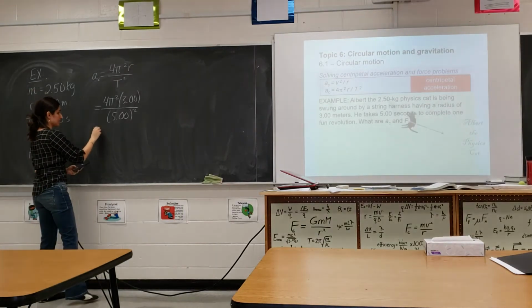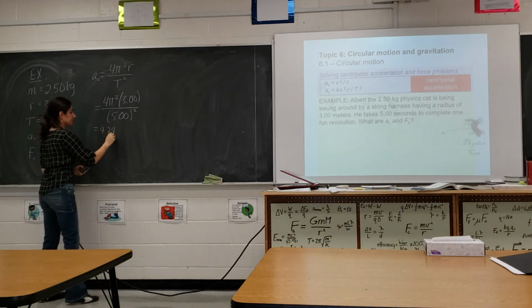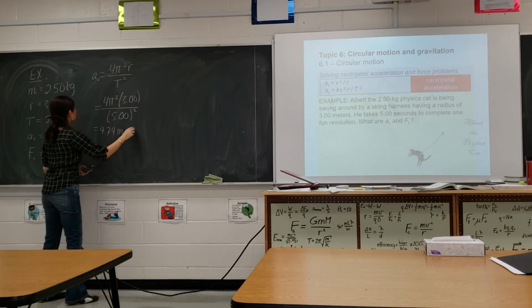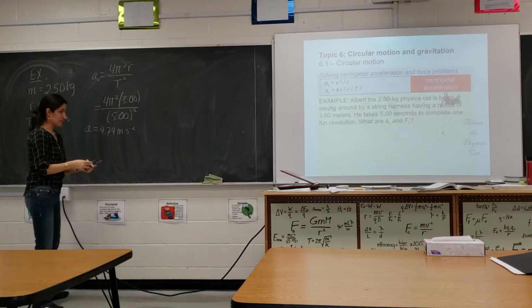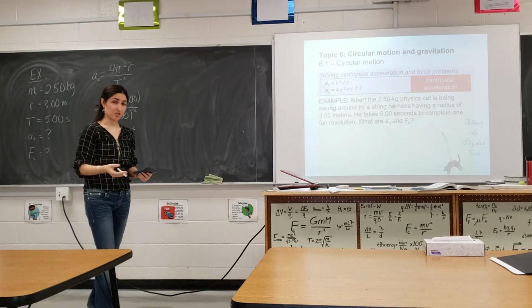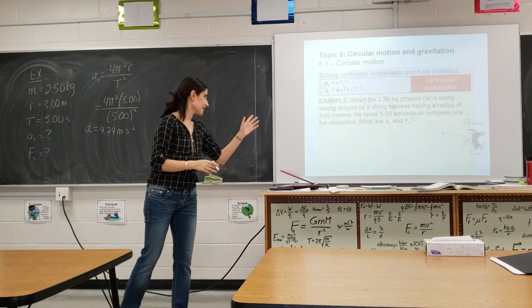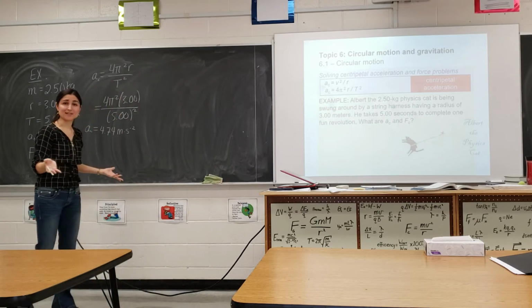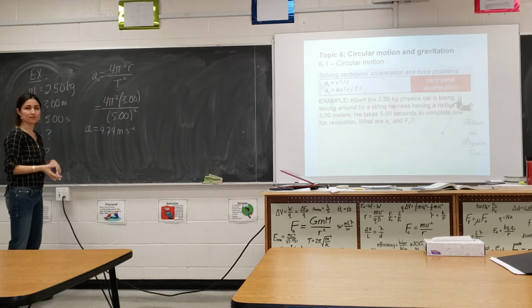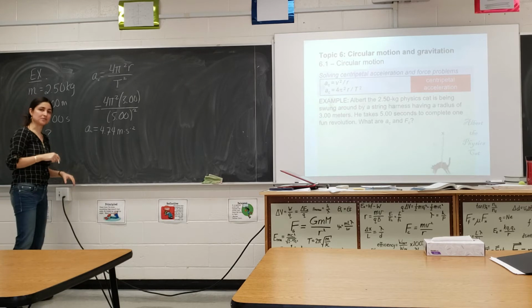We get 4.74 meters per second squared. I'm not going to worry about the direction here, but we know the direction is toward the center of the circular path. Okay, centripetal force, Newton's second law. You have the acceleration, multiply it by the mass, and you'll have centripetal force.